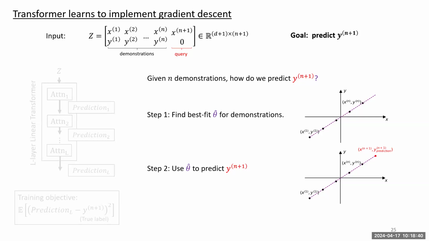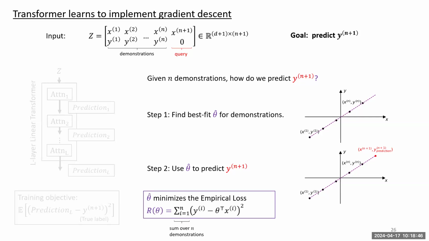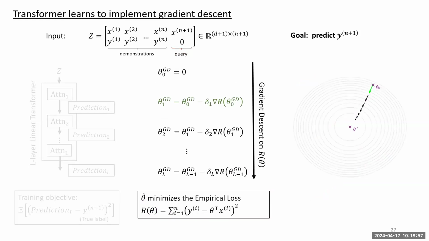And once we have the best fit linear function, we'll use that to predict y_{n+1}. And concretely, the best fit theta can be found by minimizing the empirical loss summed over the demonstrations. And even more concretely, to find the minimizer of the empirical loss, we can run gradient descent.